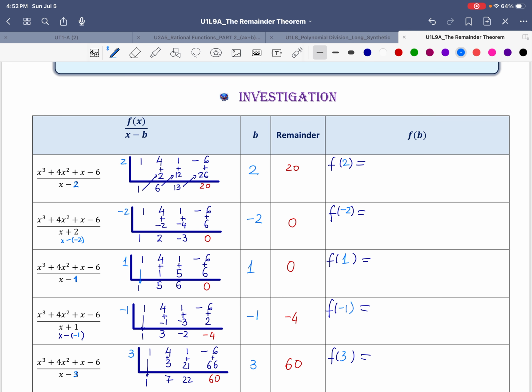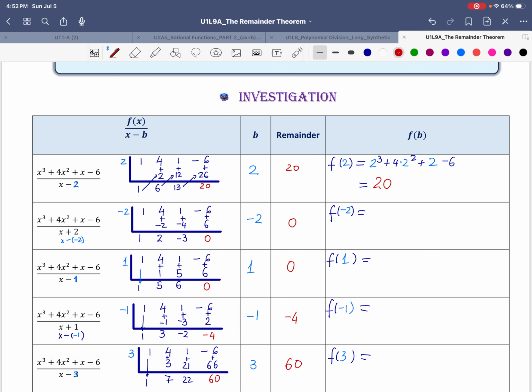So we'll have 2 to the power of 3 plus 4 times 2 to the power of 2 plus 2 minus 6. So evaluate this. So we have 8 plus 2, 10, minus 6, 4, 4 plus 16, 20. The answer is 20.